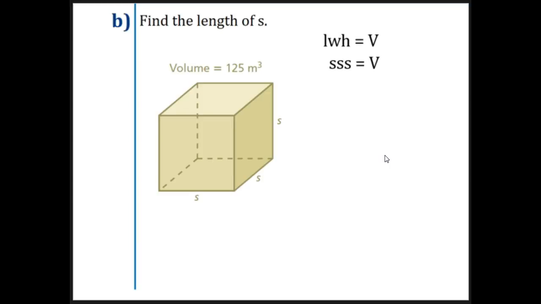What is S times S times S the same as? S cubed, right? So then I know that S cubed, what's it going to equal? What's my volume? So throw 125 in there now.